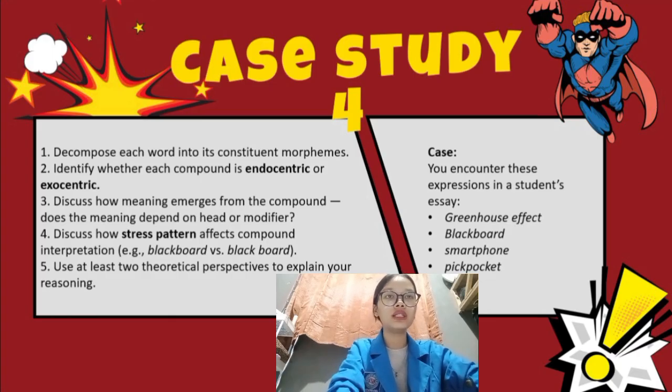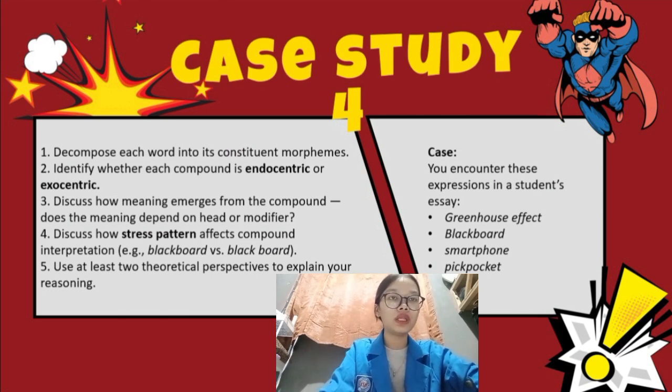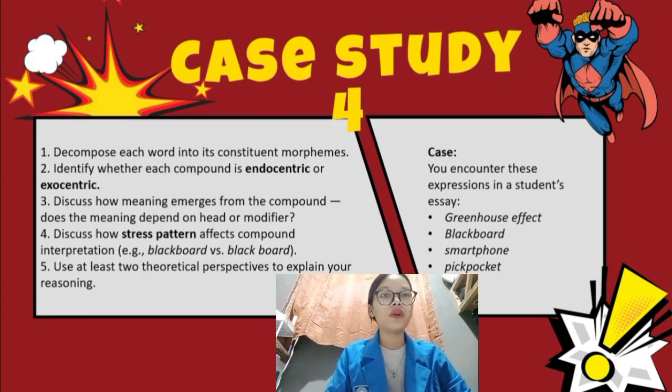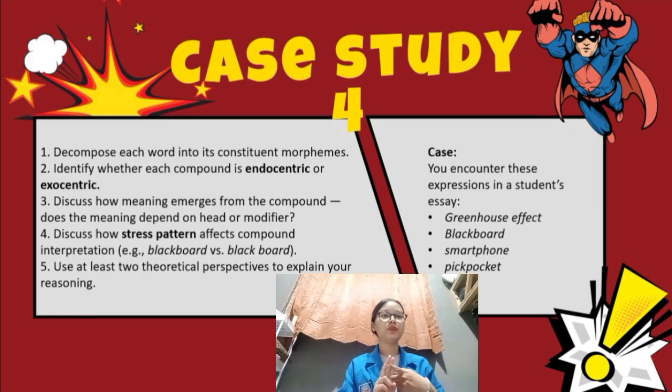The second is identify whether each compound is endocentric or exocentric. Three, discuss how meaning emerges from the compound. Does the meaning depend on head or modifier? Four, discuss how stress pattern affects compound interpretation. Example, blackboard versus black board. Five, use at least two theoretical perspectives to explain your reasoning.